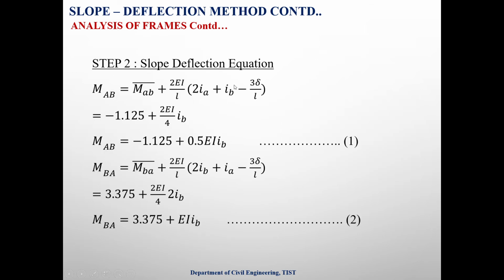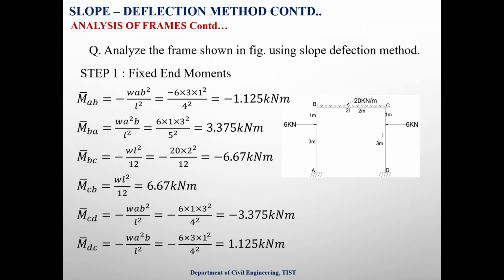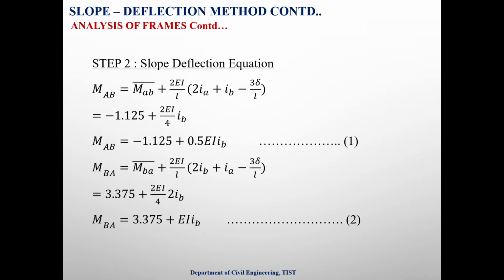Then write the slope deflection equation. Consider this figure. Joint A is fixed and joint D is fixed, so theta A is equal to 0, theta D is equal to 0, and theta B and theta C are there. Then there is no delta value.